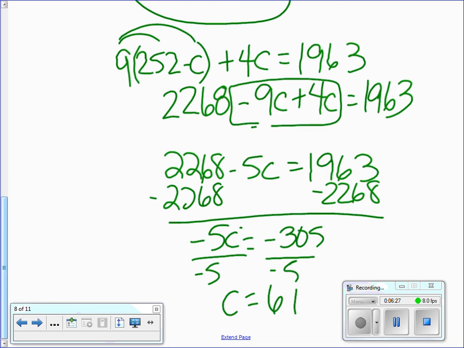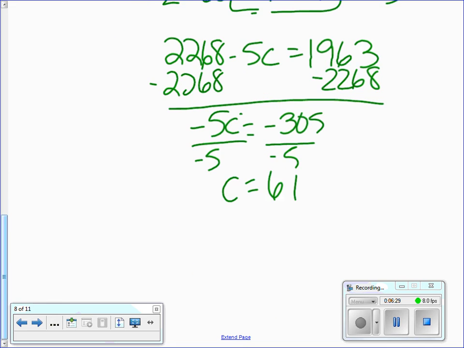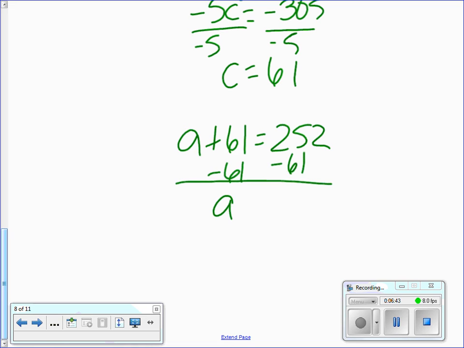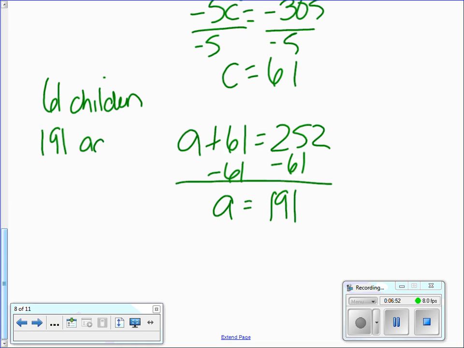Now I plug it back in, and I'm just going to use the easy one of A plus C. So A plus 61 equals 252. So I subtract 61 from both sides, and I get A is equal to 191. So that means 61 children went, and 191 adults.